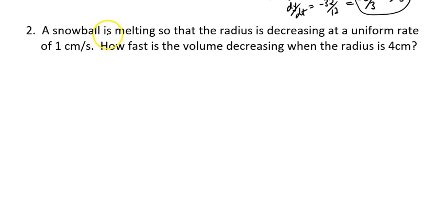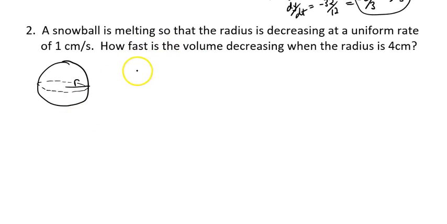We have a snowball that's melting so that the radius is decreasing at a uniform rate of 1 centimeter per second. How fast is the volume decreasing when the radius is 4 centimeters? This is one you wouldn't necessarily have to draw a picture on, but if you wanted to, here is our snowball. And here is the radius of that snowball.